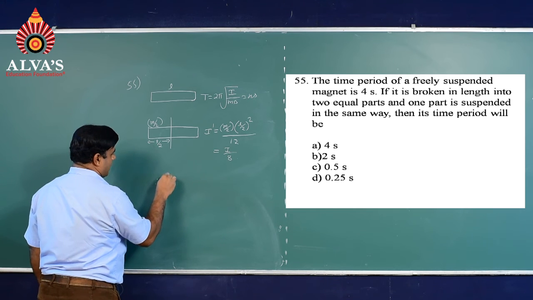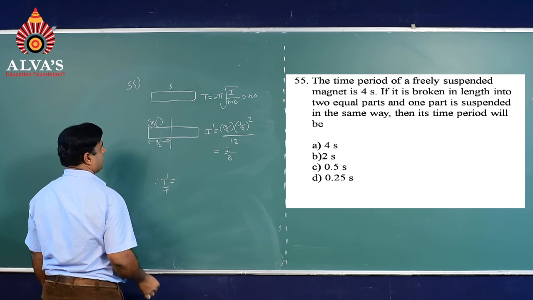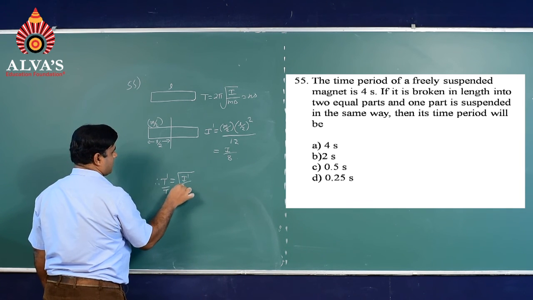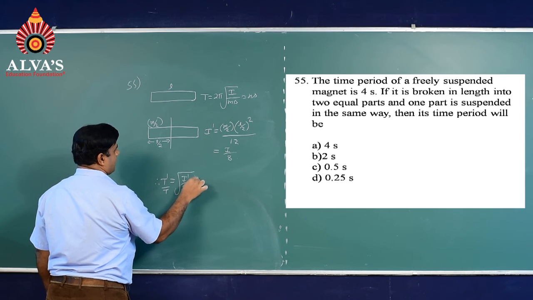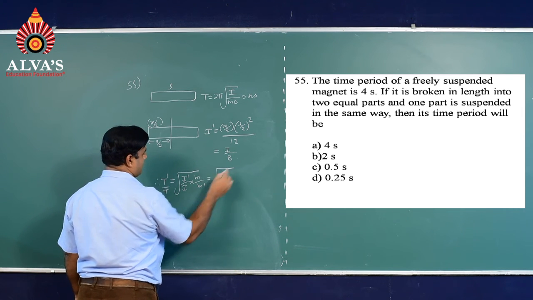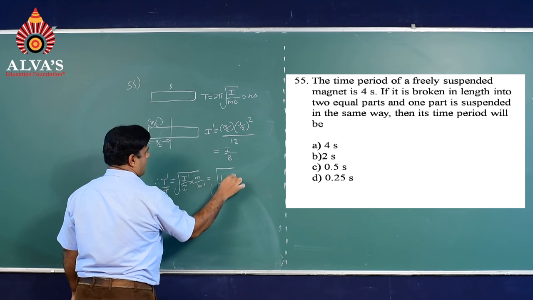Therefore, the new time period is T dash by T equals root of I dash by I into m divided by m dash. I dash by I is nothing but 1 by 8.